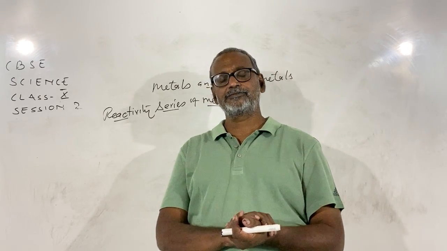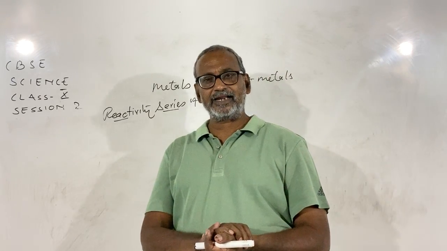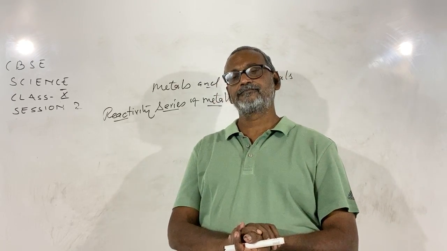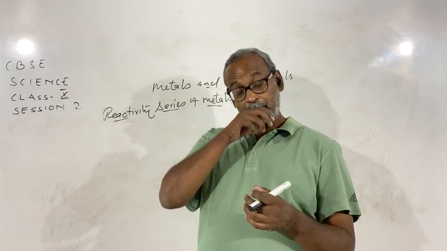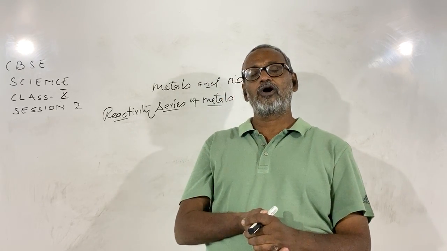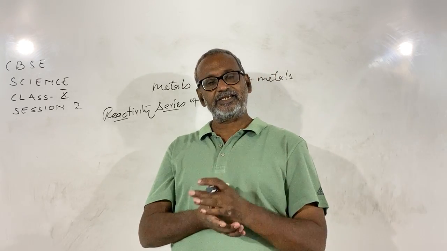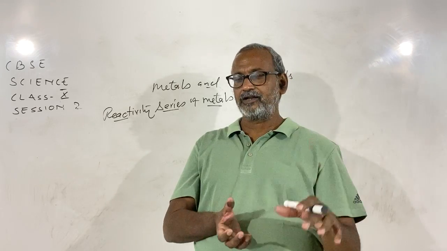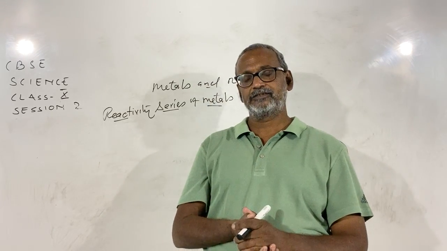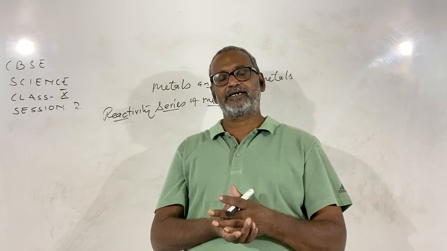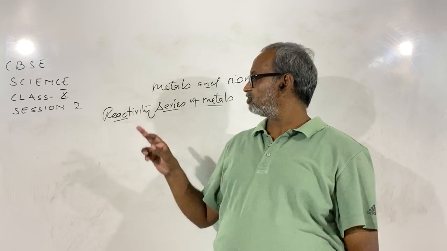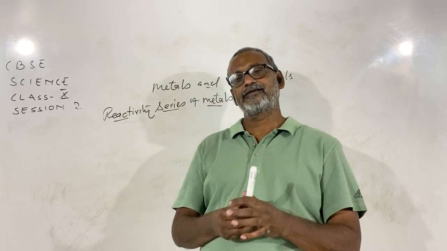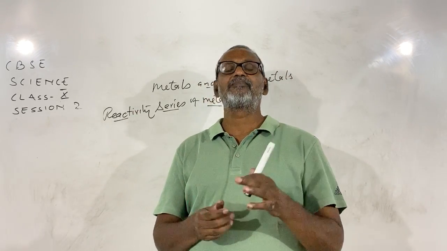Therefore, metals have been arranged in descending order, in decreasing order of their reactivity in the form of a vertical column, such that the most reactive metal finds its place on the top and the least reactive metal finds its place at the bottom.